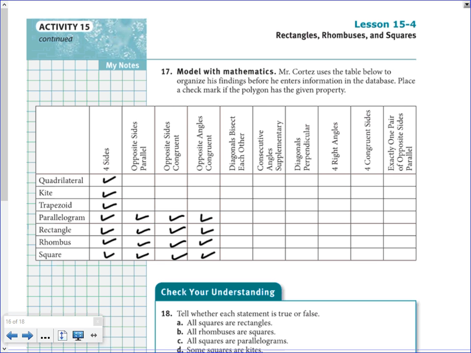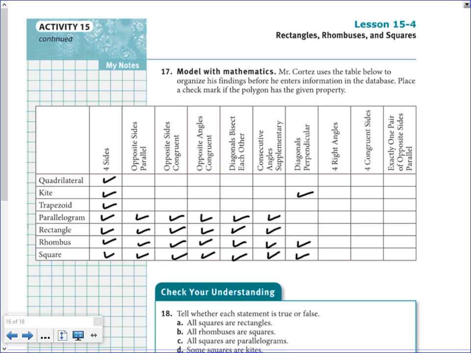The diagonals bisect each other. That would, again, be parallelogram, rectangle, rhombus, square. Are you noticing a pattern? If the parallelogram works, then the other ones below it are also working because they're types of parallelograms. Consecutive angles supplementary, that's a parallelogram, a rectangle, a rhombus, and a square. For the diagonals being perpendicular, a kite has that property, as does a rhombus and a square.